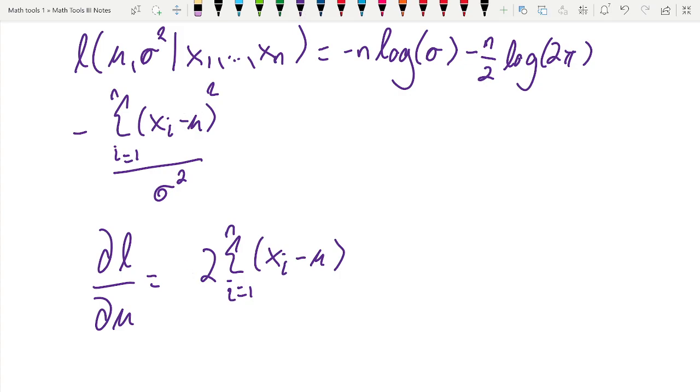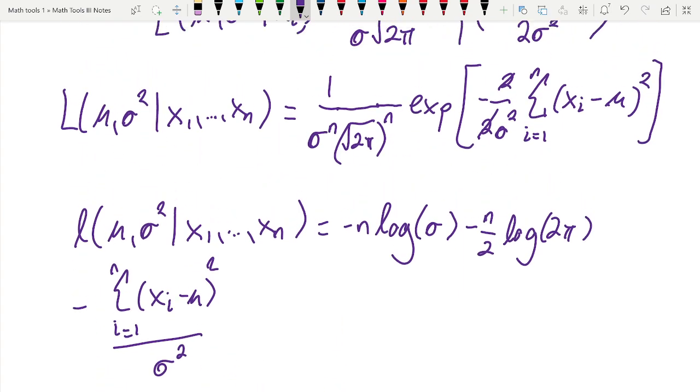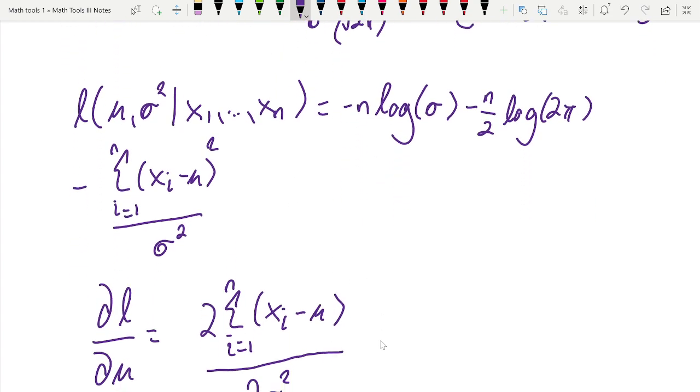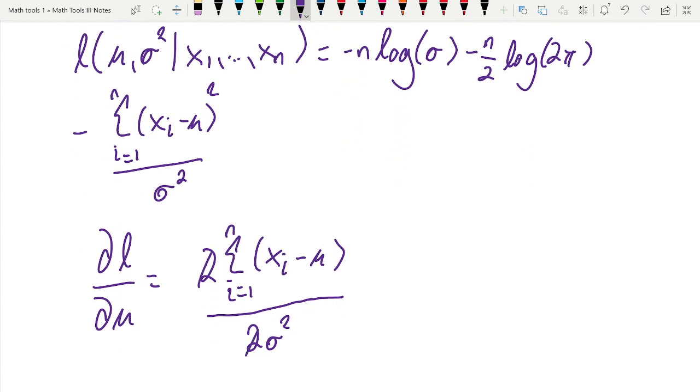So that'll cancel out here, all over 2 sigma squared. Did I cancel something out? That shouldn't have. I don't know why I had this 2 in the numerator. It should have just been like that. I think I just wrote it twice on accident. So that wouldn't have canceled out, but now they cancel out.